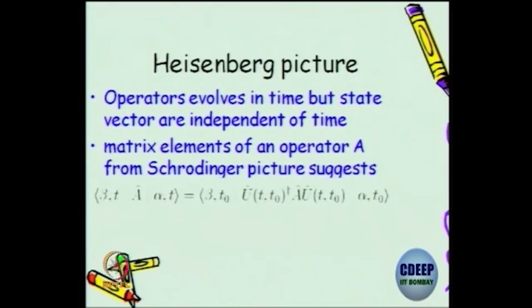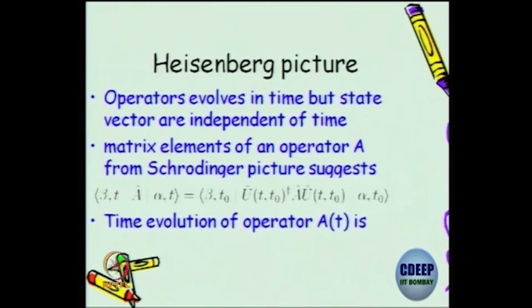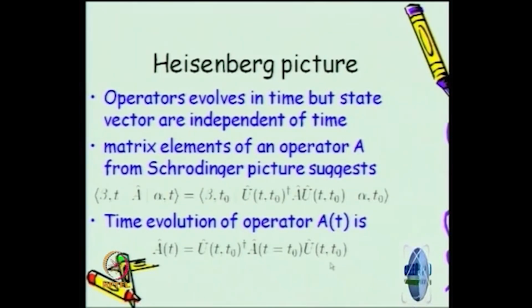The form is suggested by looking at this equation, that there is a time evolution of operator A of t, which should be the A operator at a specific time t equal to t naught, and you do the time evolution in this way. Okay.